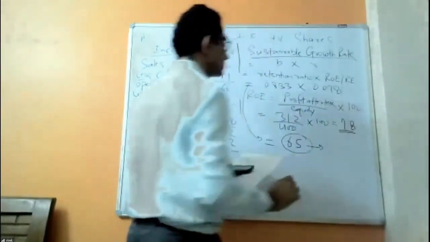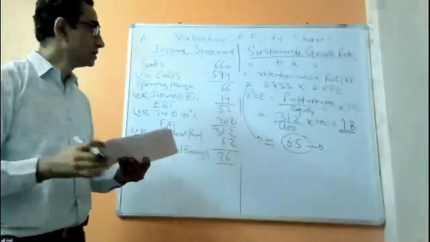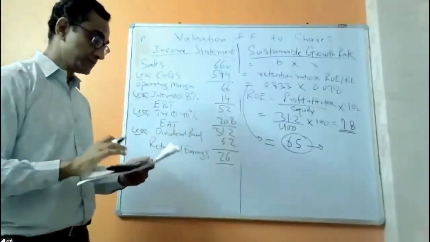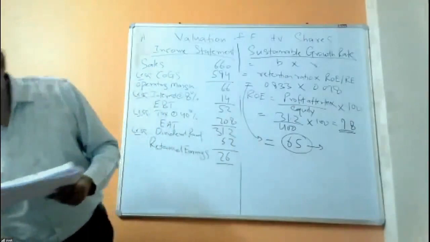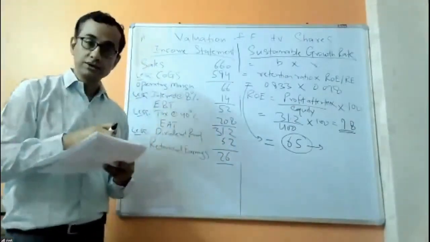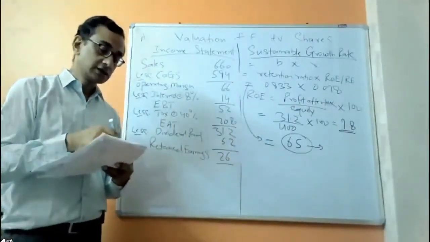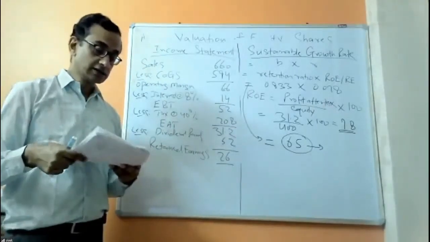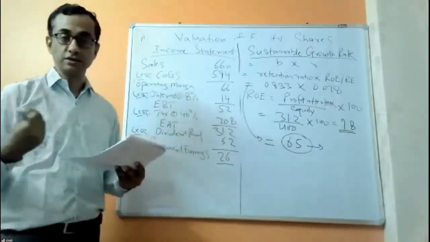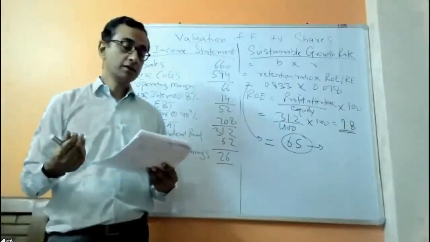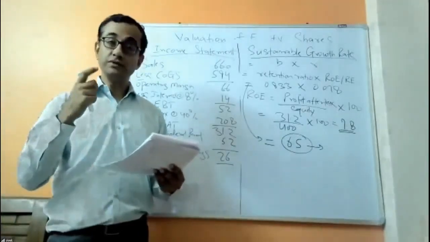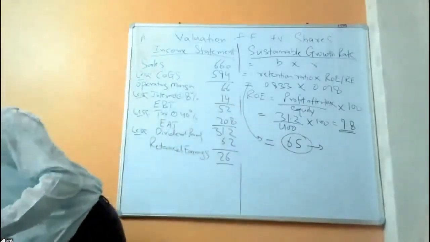So this sustainable growth rate is 6.5%. Now we have got the income statement and the sustainable growth rate. Now let us get to the third part, the fair price of the company, or the present value of the company share, and you have to use the dividend discount model.